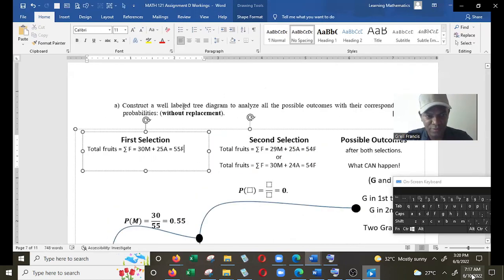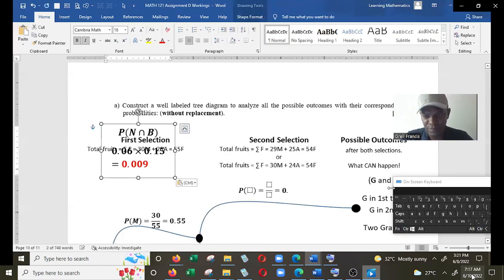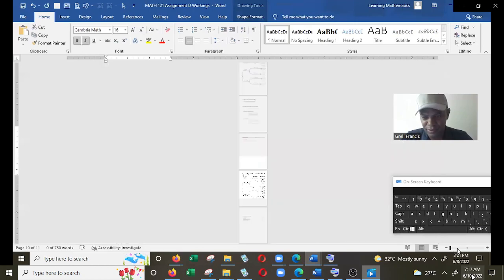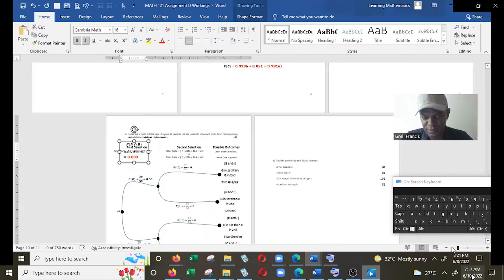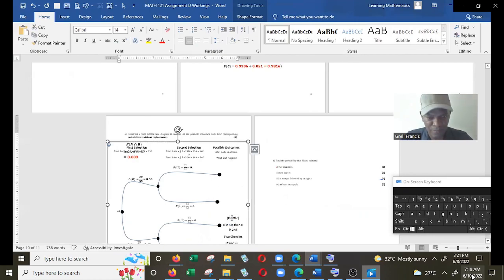Must click anywhere for it to Control V on that page. Make this a little small. We're going to replace this with our workings. This is an example of cherries and grapes, but here we're dealing with apples and mangoes.